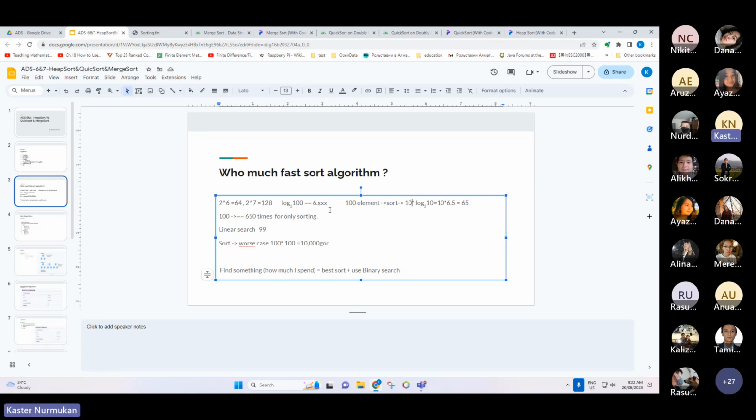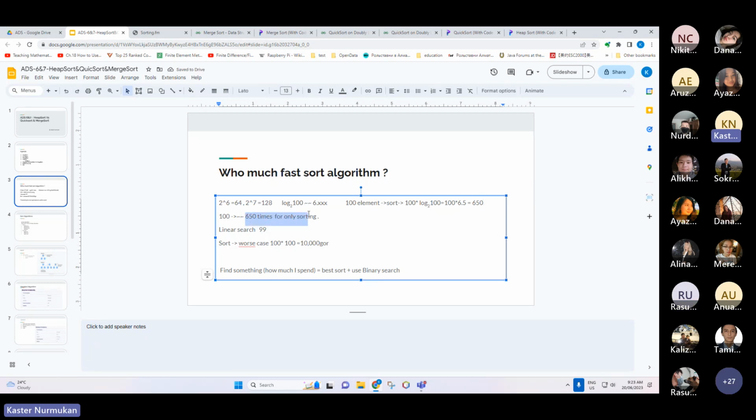So using 10 elements is meaningless. It's actually 100 elements. Log of 100 is 6, on average 6.5. So I'm trying to sort 100 elements, 100 multiplied by 2.6. It should be 200. That's the result.